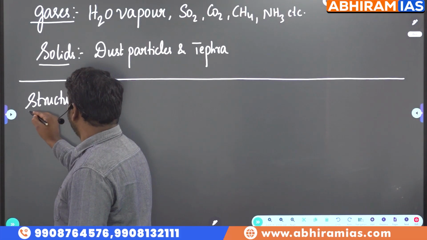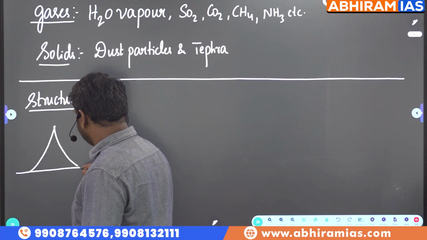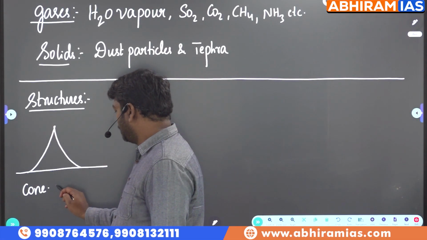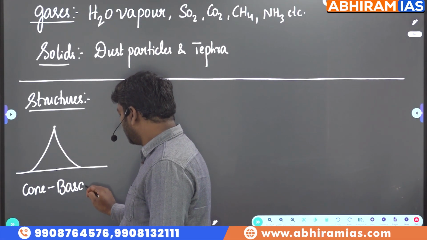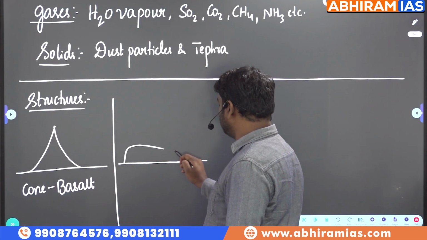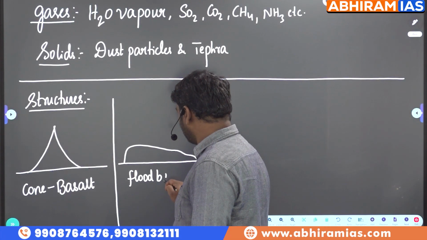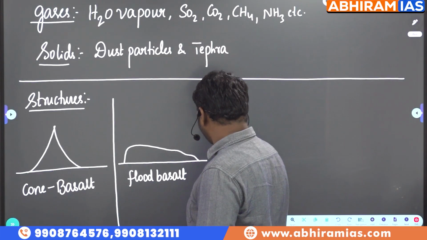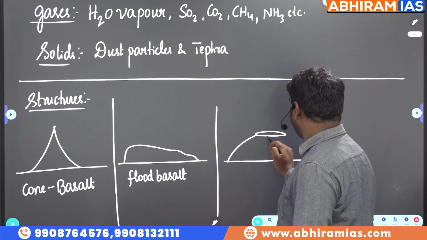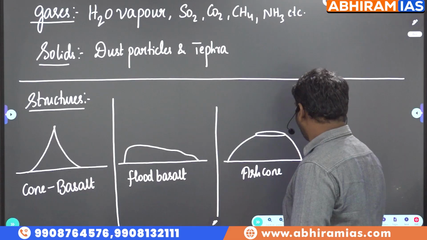Structures formed from the volcano. In case the volcano is in cone shape, we call it basalt cone. If it is spread, it is flood basalt. If ash is accumulated, ash cone.